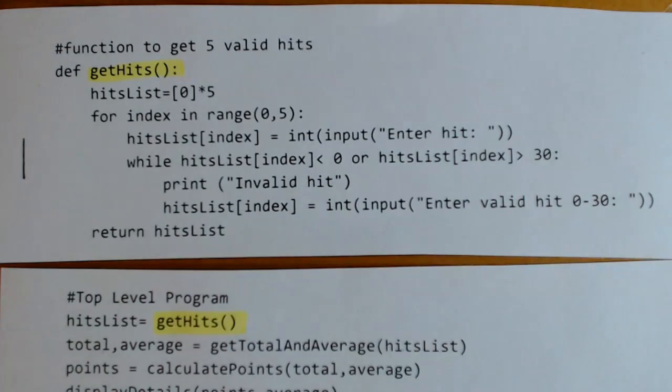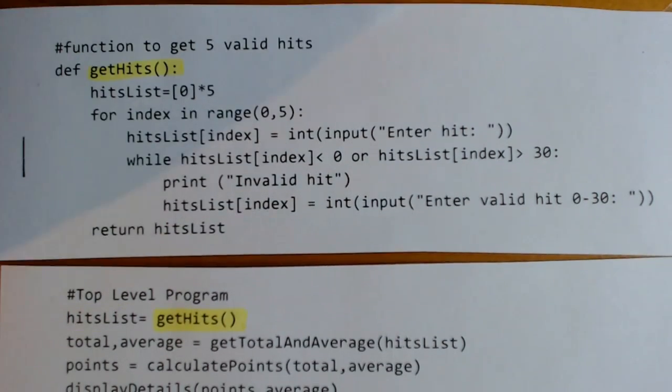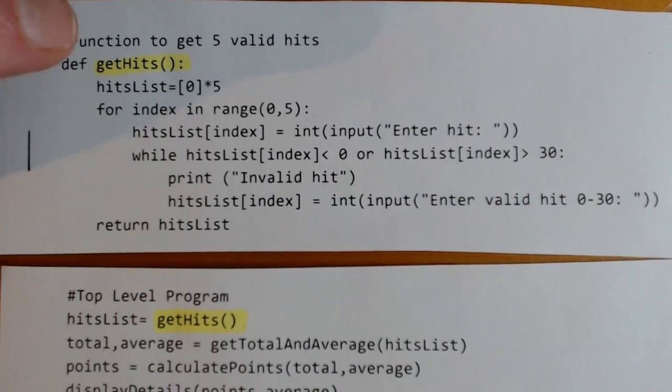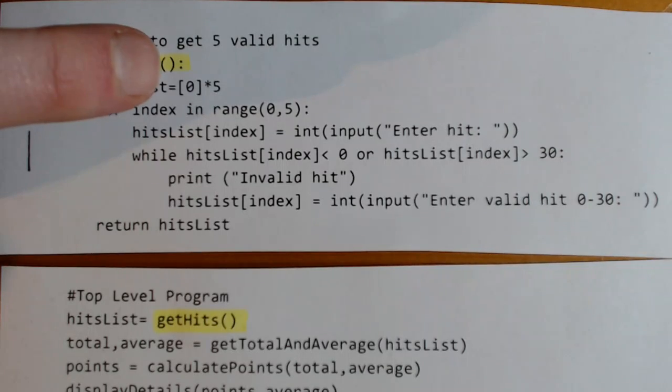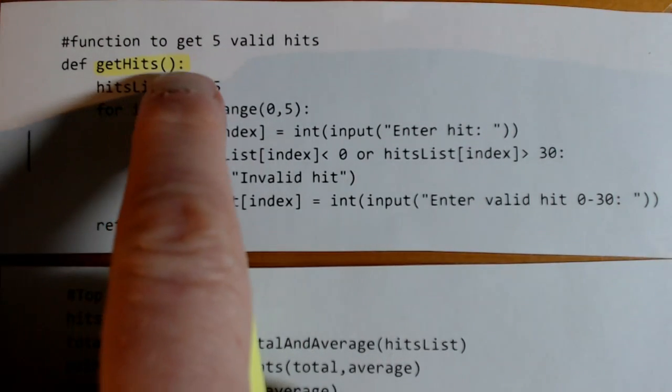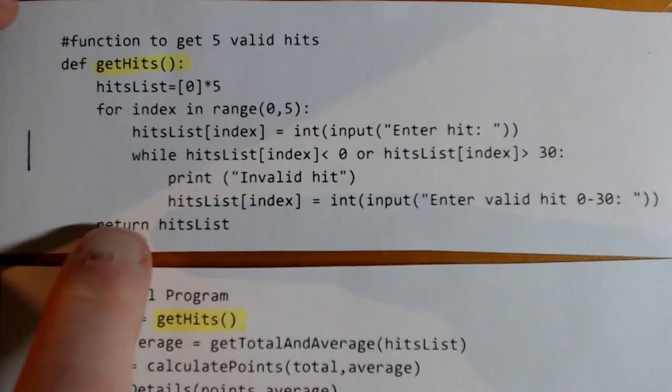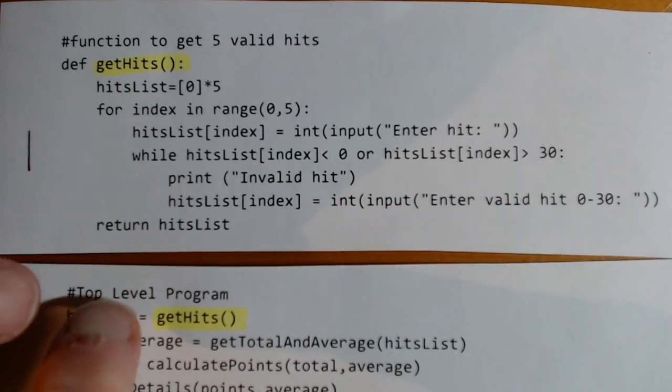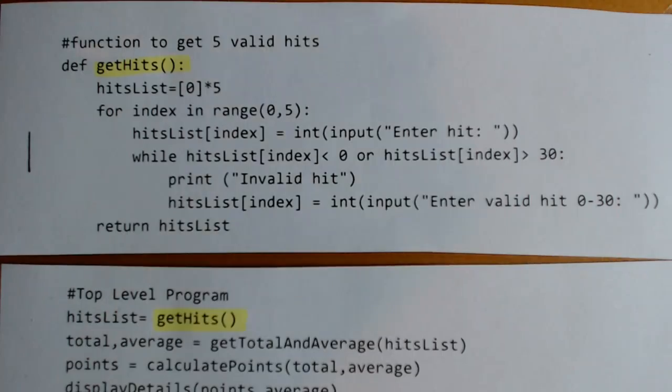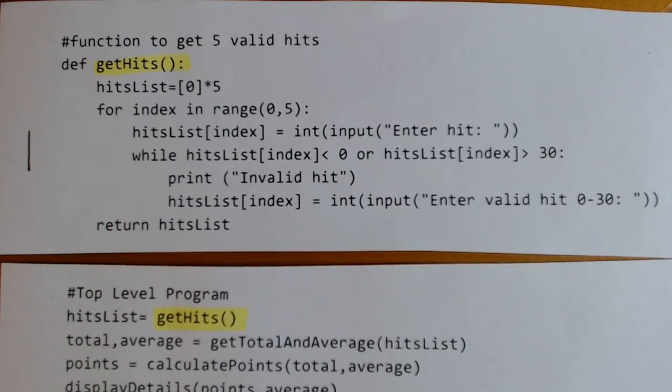So that is define a function called get_hits. You don't have to have any values within this. You're not passing this function any parameters, but this function is passing values back to the variable called hits list.